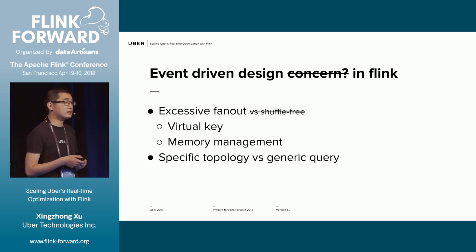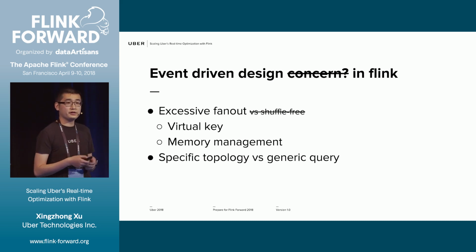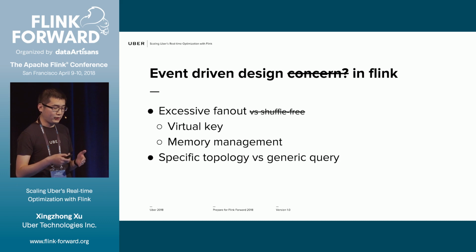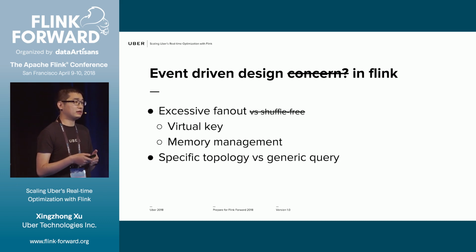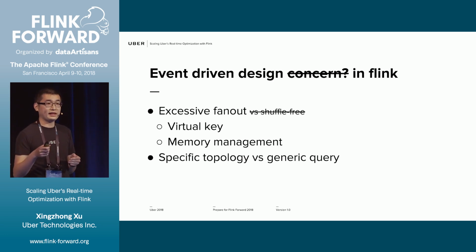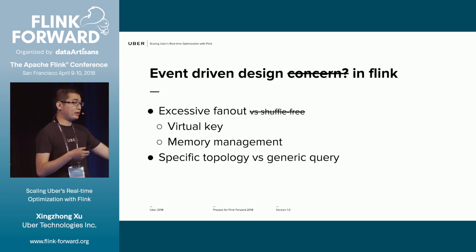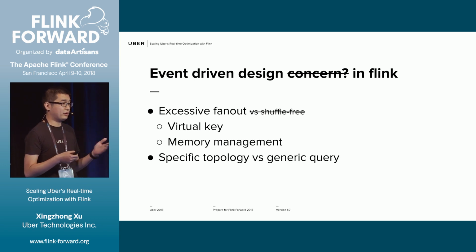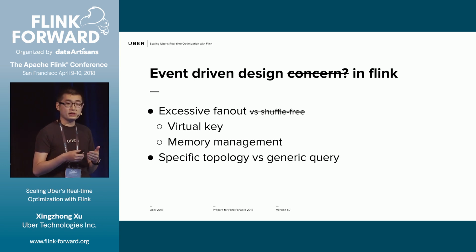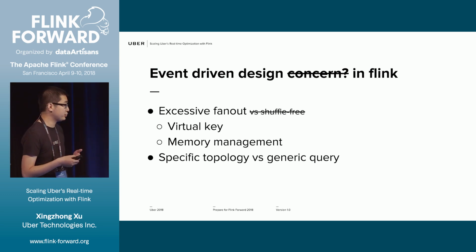One is that Flink is using virtual keys instead of physical keys. What that means is the key is not the reason to determine the physical data location. So even if you create millions of keys in your runtime or production, it doesn't necessarily mean you need to shuffle around a million times, which incurs a lot of network I/O.